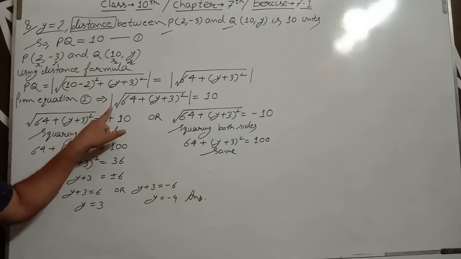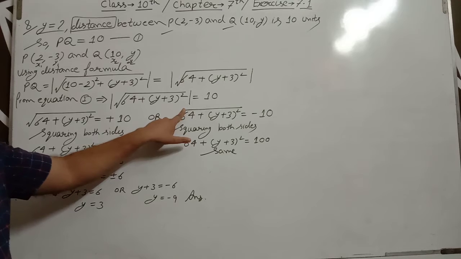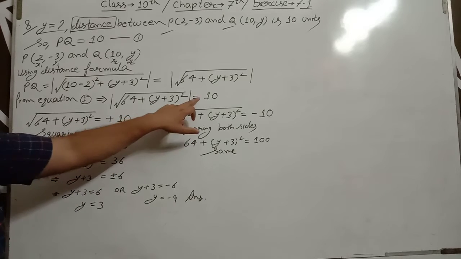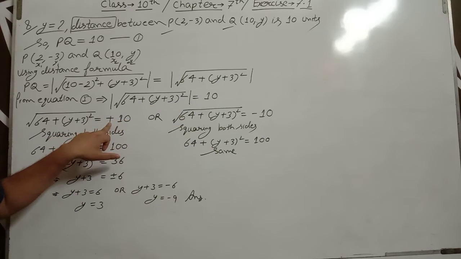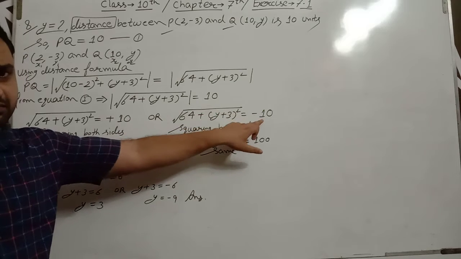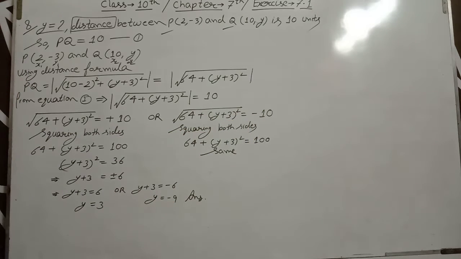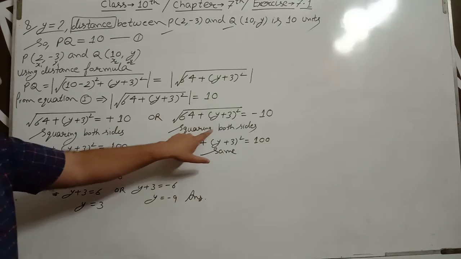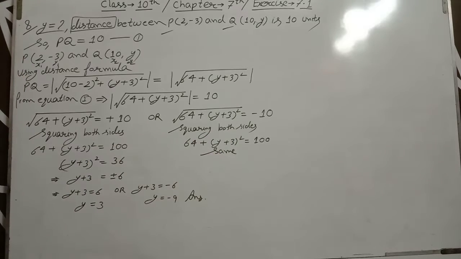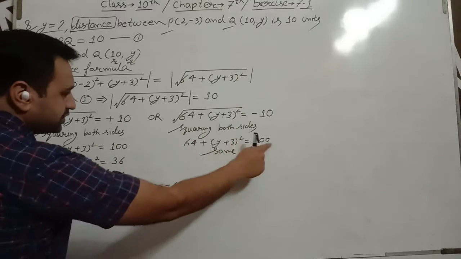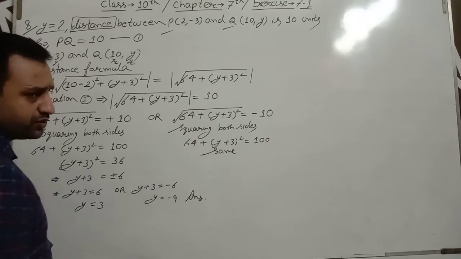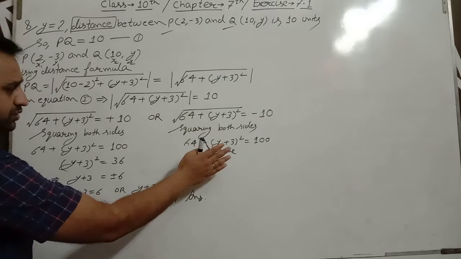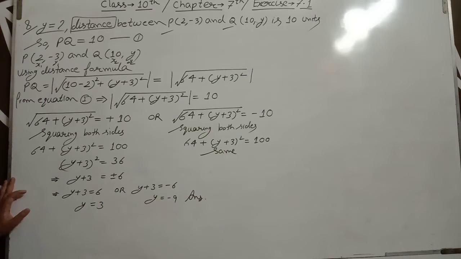Again, if we remove the sign of modulus, then we apply a positive sign and a negative sign with RHS in two parts. To remove the under root, squaring both sides. But you observe that both equations are the same, so we just drop one, because the procedure is the same.